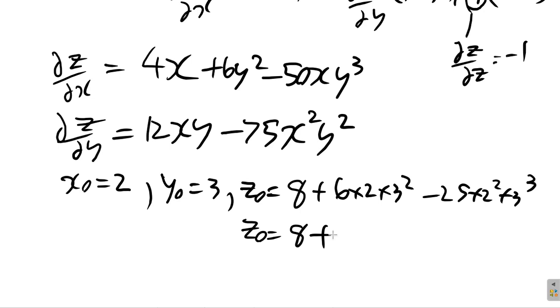So 6 2's 12 times 3 3's 9 is 108, minus 2 2's 4 times 3 3's 9, 9 3's 27 times 25 is 2700.